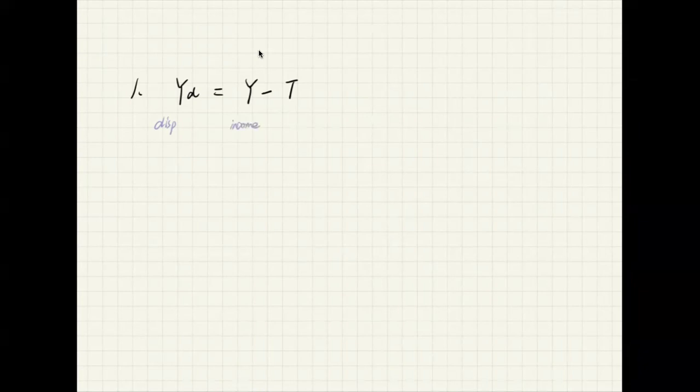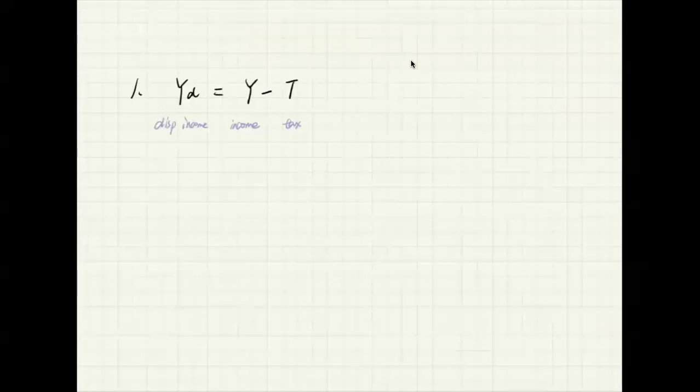This is disposable income, and T is tax. You can understand this equation from real life, because after getting your salary, you need to pay the tax, right? And after paying the tax, the rest of the money you can use for your consumption or for your saving.